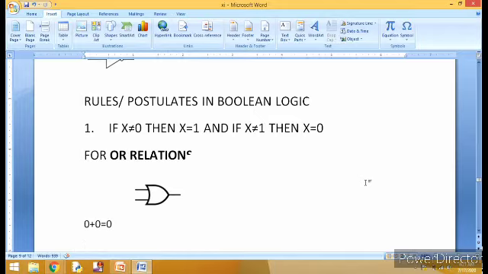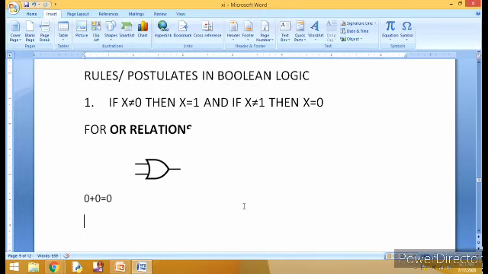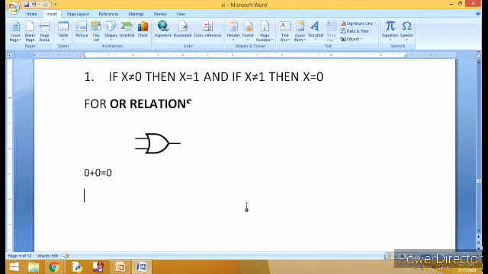Now for the relation for OR, what we have all seen is that for OR, if the input is given as 0 plus 0, you are getting the output 0. The same thing we read in binary addition also: 0 plus 0, what are you getting? 0.